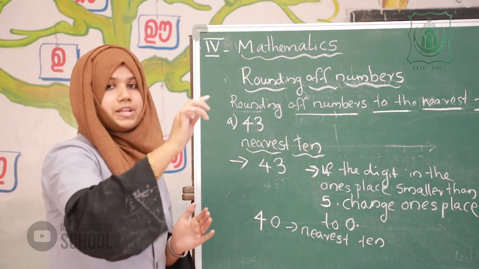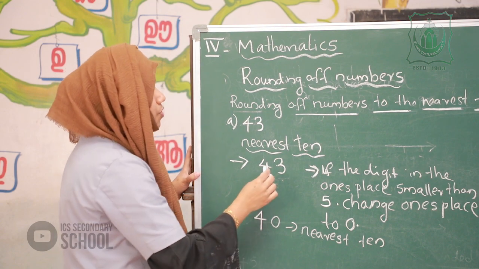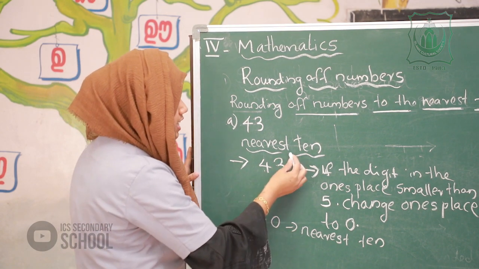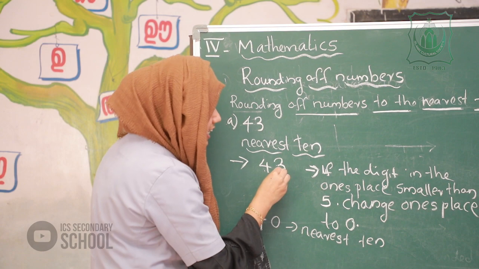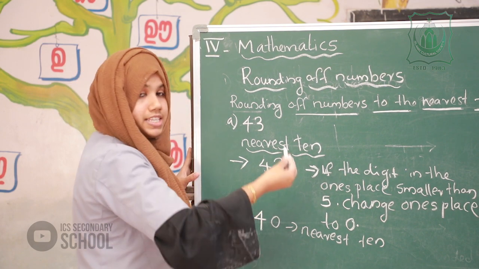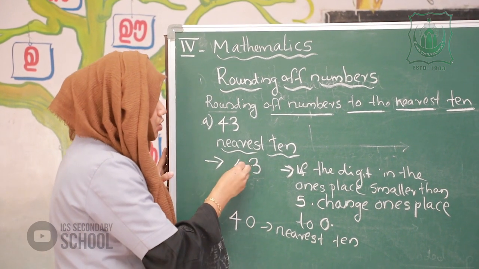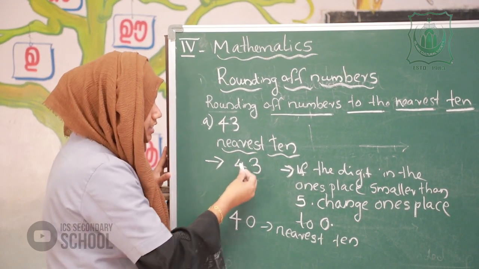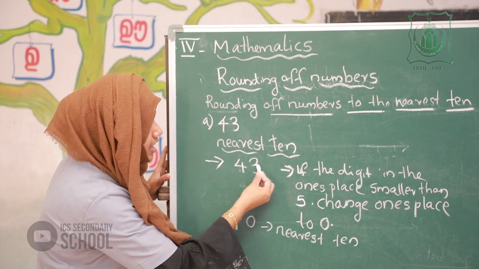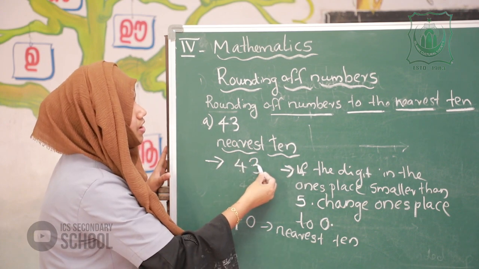Without representing on a number line, we can find the nearest 10. If the digit in the ones place is smaller than 5, there is no change in tens place. Write the tens place first, then change the ones place to 0.